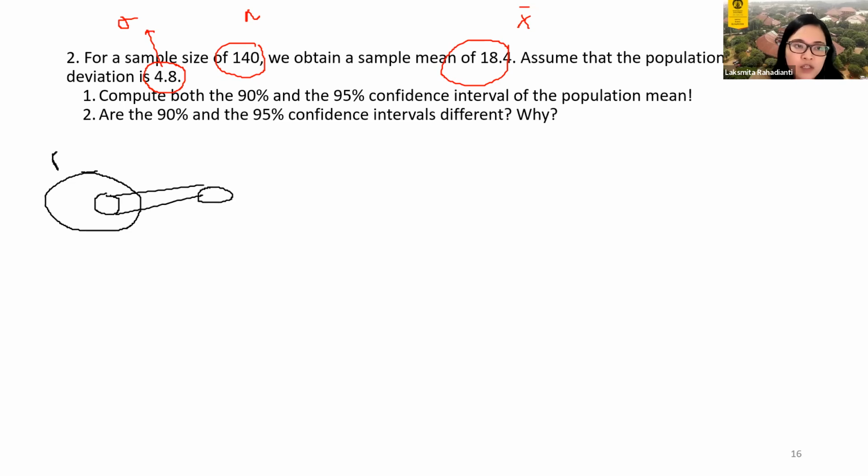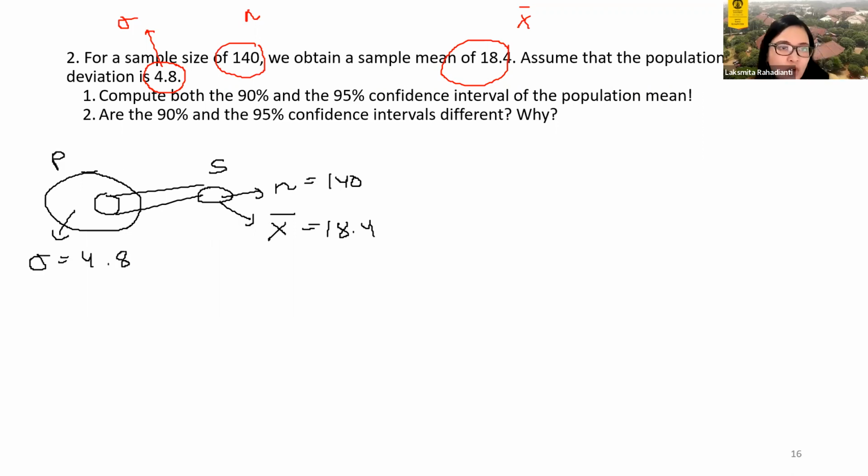This is my population. This is my sample. From here, there are 140 data points in my sample. And from these 140 data points, I get a mean of 18.4. Assume that the population standard deviation is 4.8. It's this one here, 4.8.